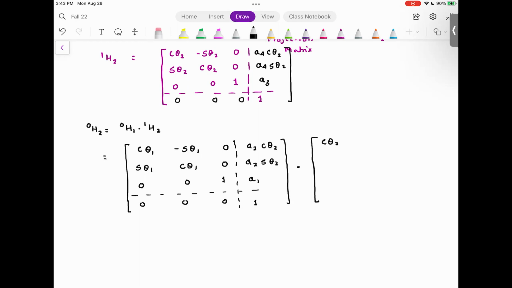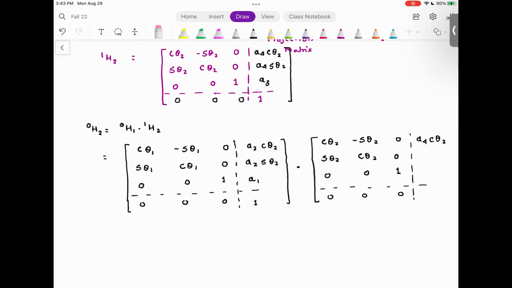cosine theta 2, minus sine theta 2, sine theta 2, cosine theta 2, 0, 0, 0, 0, 1, 0, 0, 0, and A4 cosine theta 2.